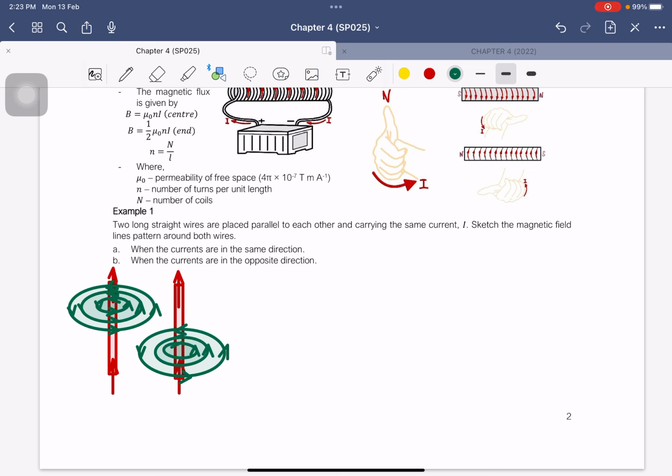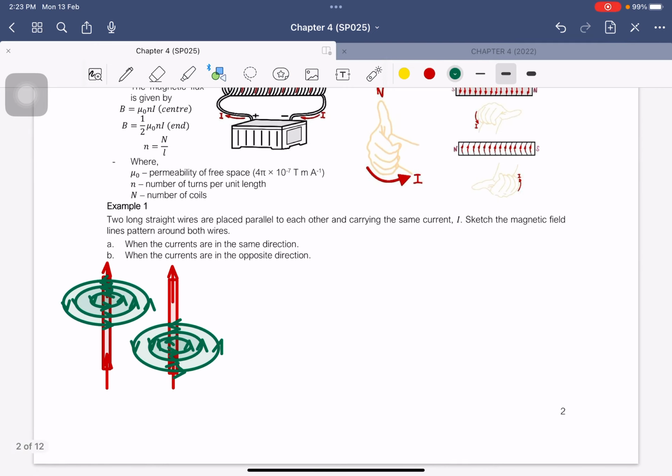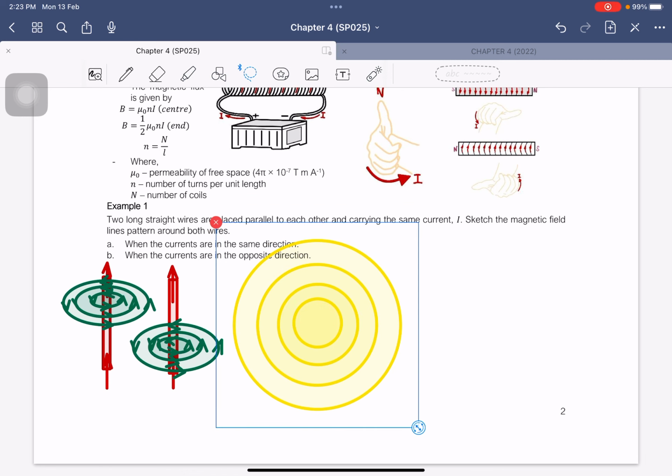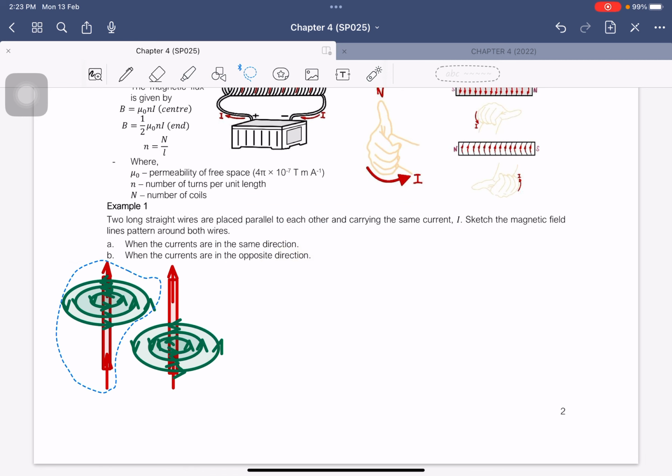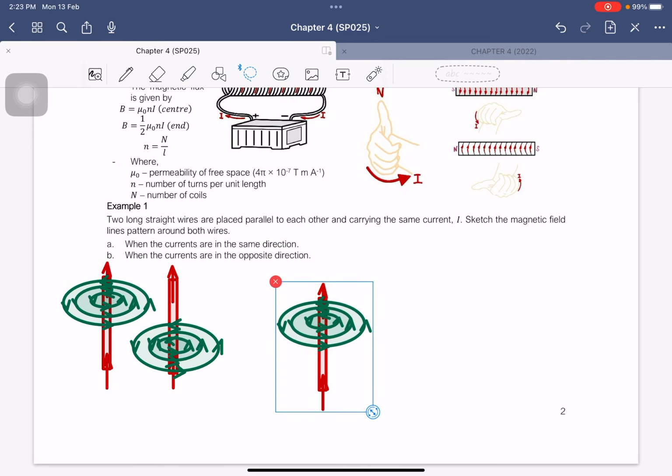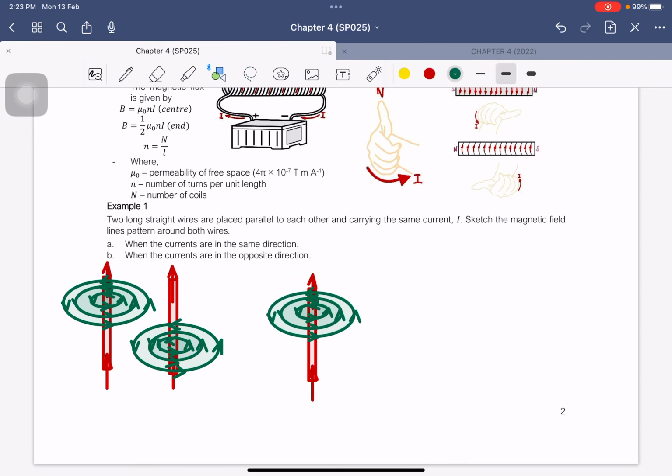Okay, so that is the magnetic field lines. For the one that is in the opposite direction, I'm just gonna copy this. Copy, paste. Okay, so now the other one is in the opposite direction.